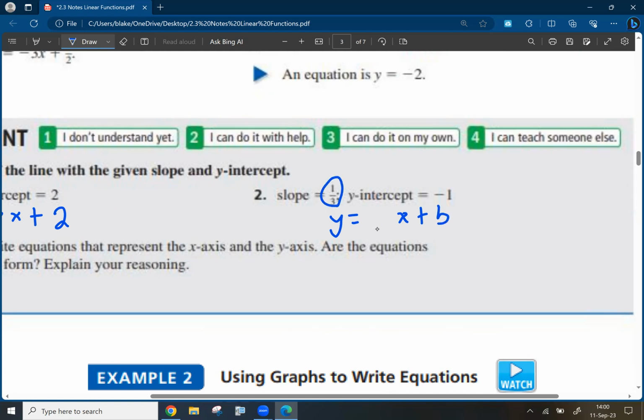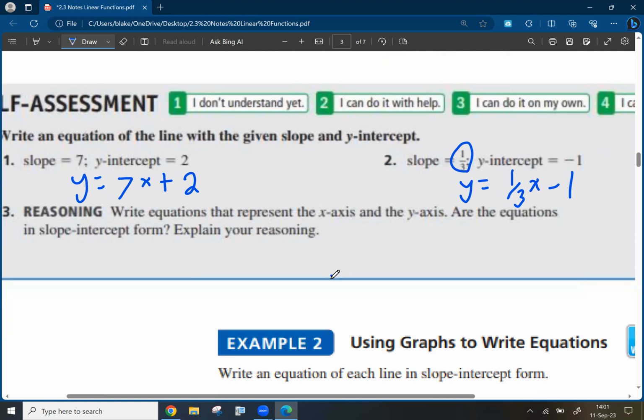So this will be 1/3 x. Oops, gotta get that 3 in there. And then my negative 1, my y-intercept, is my b value. So plus negative 1. Now, I will say, if you add a negative like this, you don't really need to write plus negative. We can just change this to a straight up negative 1. Instead of saying plus negative 1, you could just write negative 1. It means the same thing, just looks a little bit nicer.